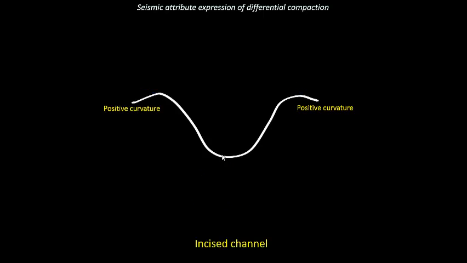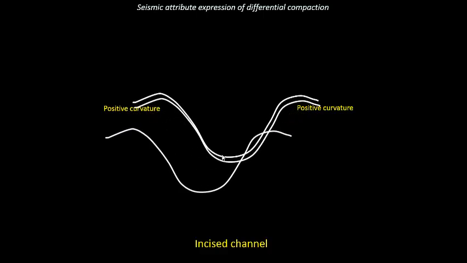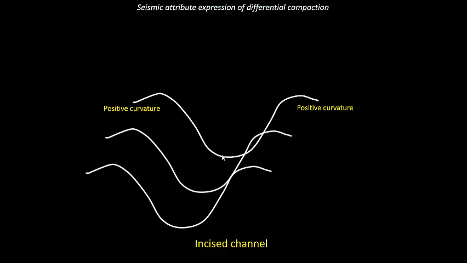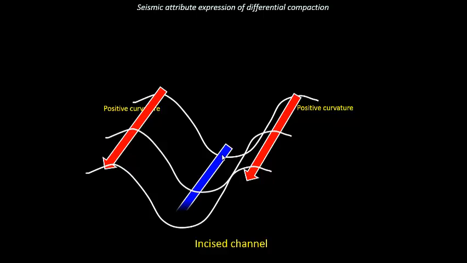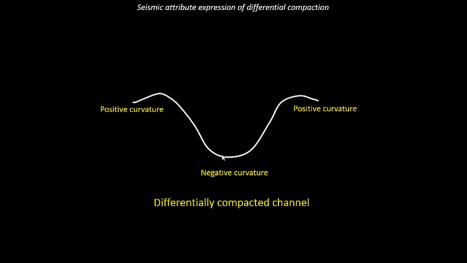But if I look at this channel in a 3D sense, for example, this will give you an idea of a channel. I'll say, well, this is a positive curvature lineament that I see on the two sides, and that will be the negative curvature lineament that I'll see at the bottom of the thalweg, and this is fine for an incised channel.